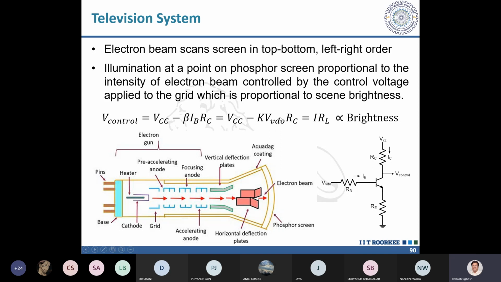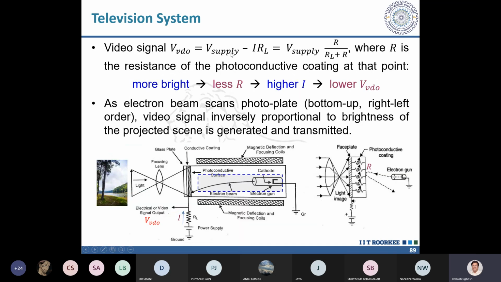Now this V video signal, you can check that if I replace V video, V video was V supply minus IRL.